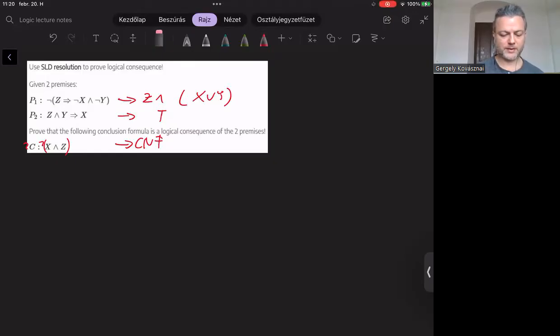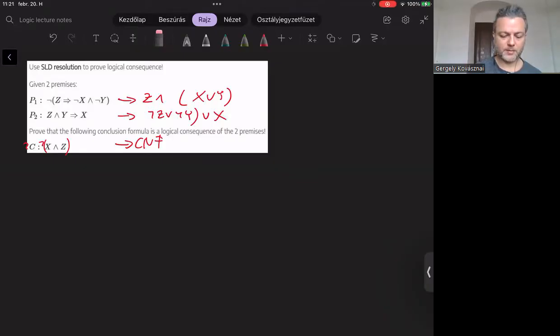Let's continue with the second premise, which is a simple implication. Therefore, the left-hand side must be negated, and we can also apply one of the De Morgan laws. So finally, we will get not Z or not Y or X. And as you can see, we have two disjunctions.